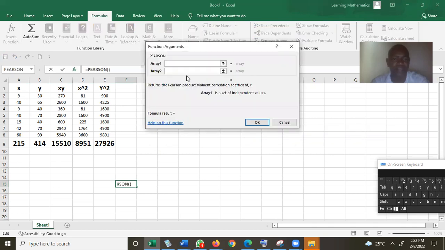Now Pearson is asking you which two sets of numbers, from where to where. You can type it in: A1, A2, A8. And you see how it lists those numbers already. The X's 9, 40, 9, 40, 15, 42, 60, because it identified these are the numbers.